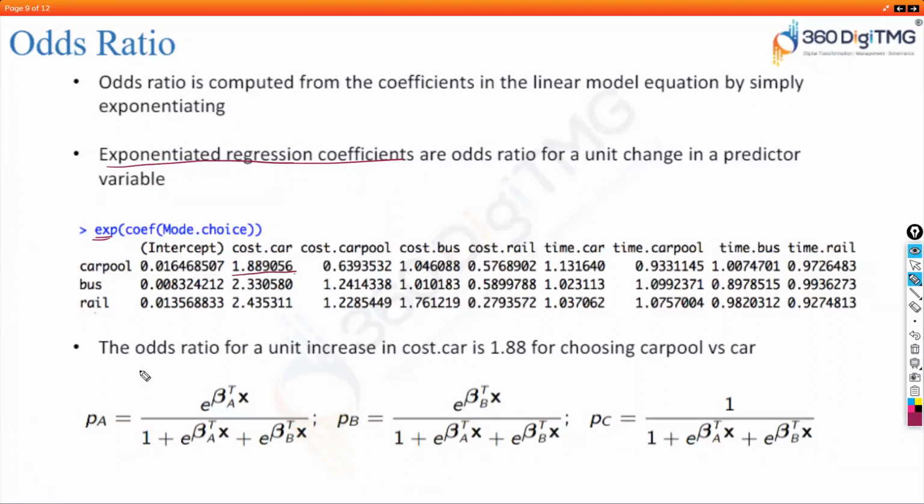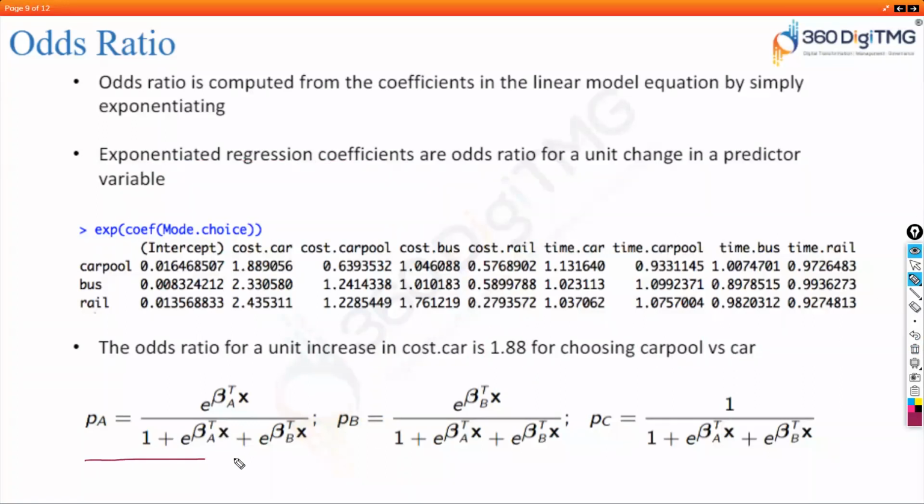Here 1.88 means the odds ratio for a unit increase in cost is this for choosing carpool over car. So in short, the chance of you preferring carpool over using a car increases by 1.88 if you increase the cost of the car by 1 unit.